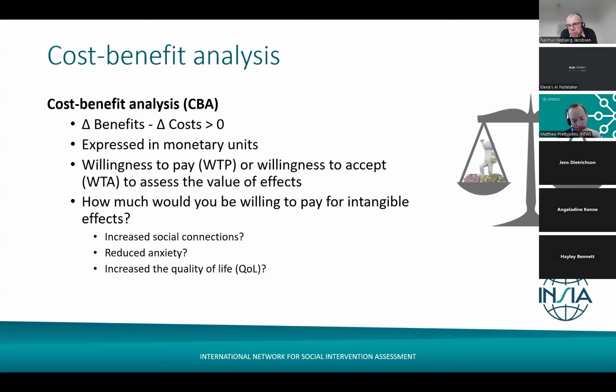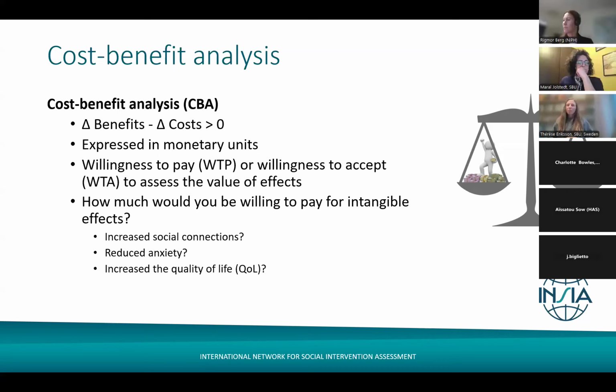All these values are embedded in the analysis and not put that explicitly in a cost-benefit analysis. It could be quite complicated, and ethical matters require that it's put more explicitly in the analysis.